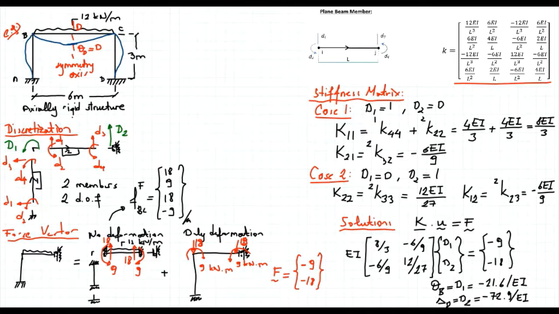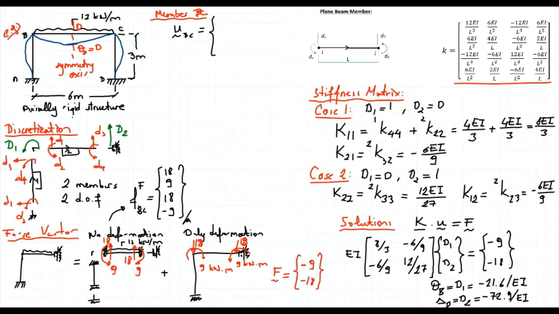So for the second member, let's take member BC. That's the discrete version of that structure. So we calculated the value of D2 and D3, and we know that D1 and D4 are equal to 0. So for this member, the member displacements are as follows.